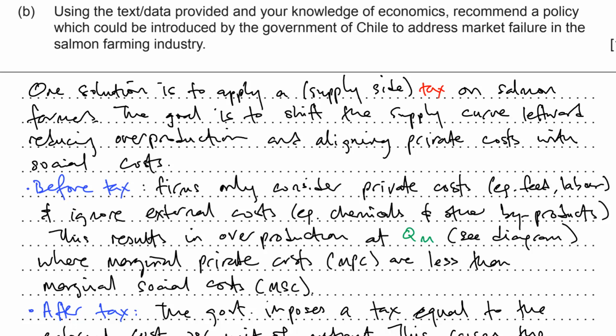In terms of strategizing, you probably want to pick the one that is easiest for you to explain. Whatever that is, that's up to you. So maybe you happen to know quotas really well, or maybe you happen to know regulations really well. For me, I think taxes are one of the easier ones to explain, so I'm going to use that.